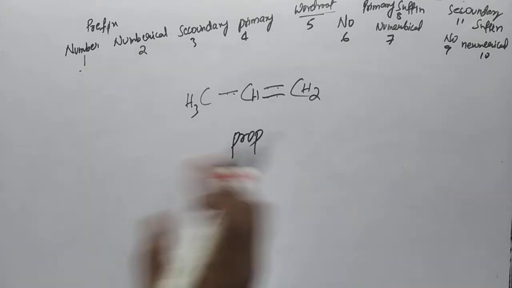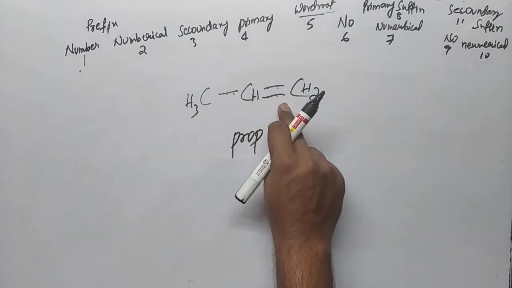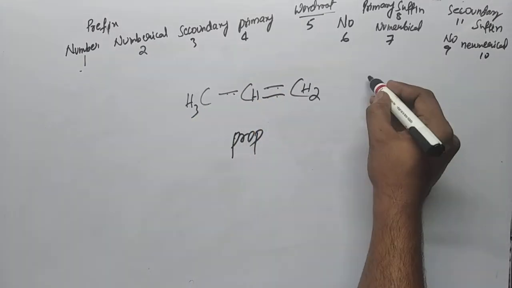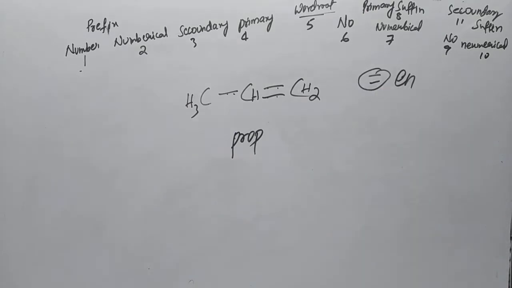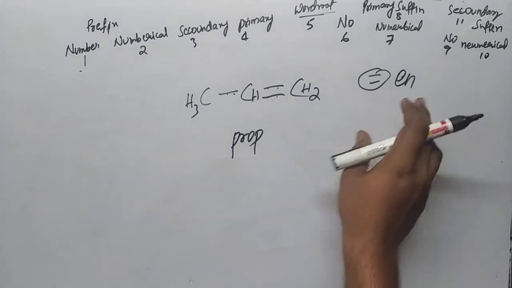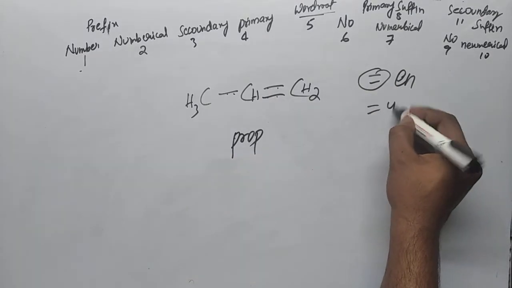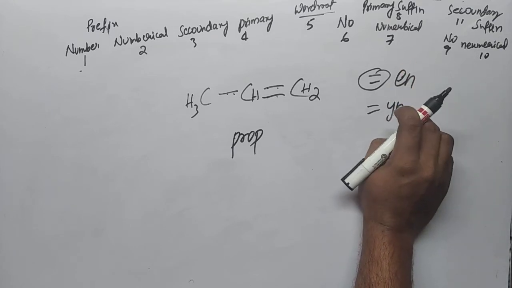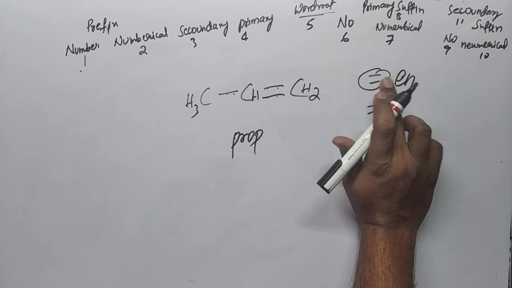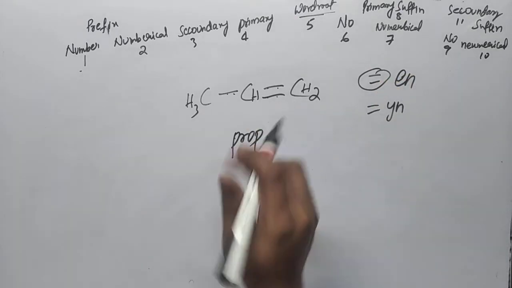Now we see here we have a primary suffix and secondary suffix. The primary suffix for a double bond is what? EN. Whenever you have a double bond or triple bond, you have the primary suffix EN and YN, then you have to write a number, that means you also have to write a number prefix.